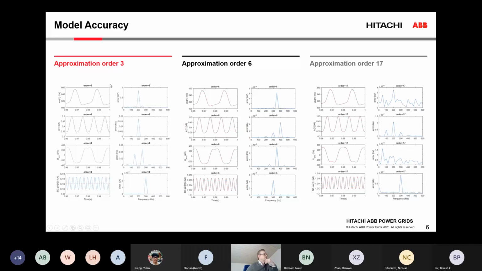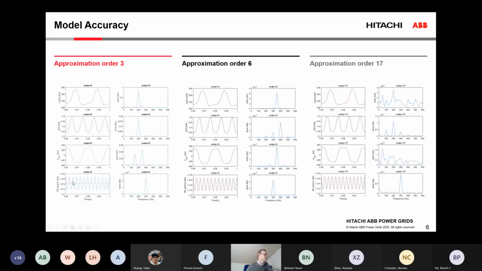So here, even with the order of 3, you can almost perfectly represent your capacitor voltages. You can also represent the PCC voltage. So if you're only interested in, say, the AC side stability and interaction with other converters, you can typically get away with using a low order.